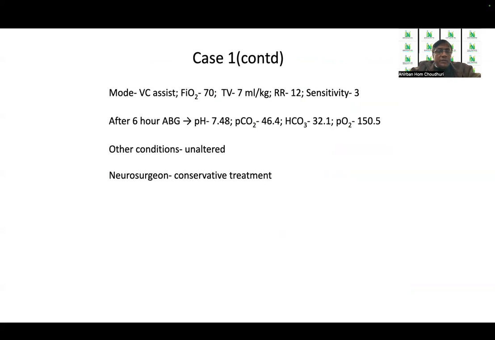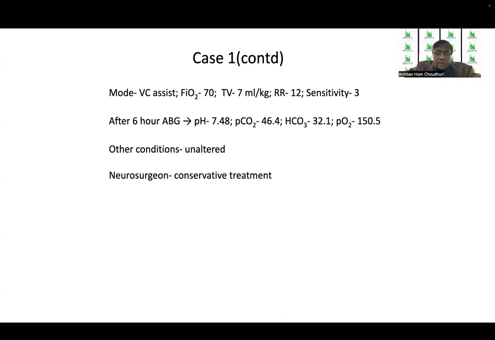We have chosen volume control assist, an FiO2 of 70 with a tidal volume of 7 ml per kg, respiratory rate of 12, sensitivity of 3, and after 6 hours, the ABG shows a PCO2 of 46.4, the pH is normal, bicarb is high, PO2 is 150, and other conditions are unaltered.